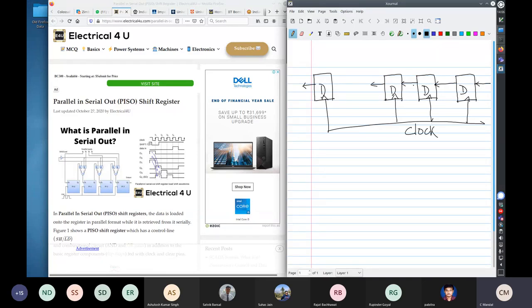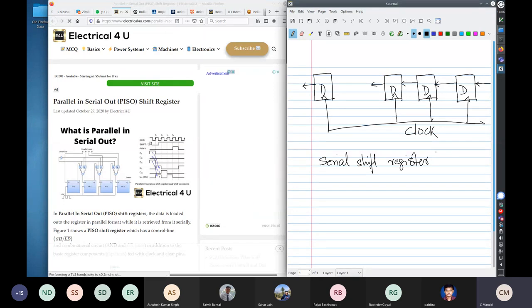So this is your clock. This is just a serial shift register. Alright, so is this okay? Any questions regarding the serial shift register?